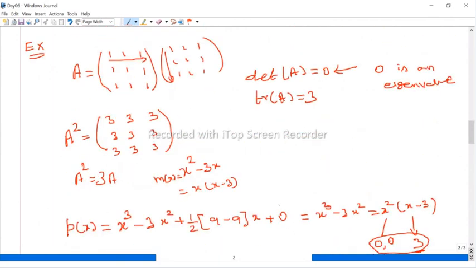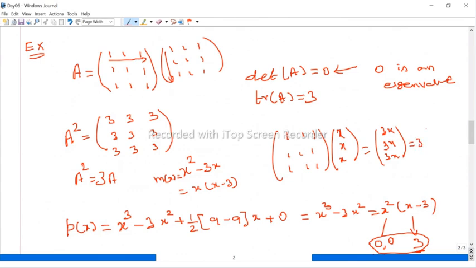If you multiply with this x, x, x, we get lambda times x, x, x. For example, the matrix is all 1s, and our V is x, x, x. Now if you multiply these, we get 1 into x plus 1 into x plus 1 into x, which is 3x. So all the terms you will get are 3x, 3x, 3x. You can take 3 outside.